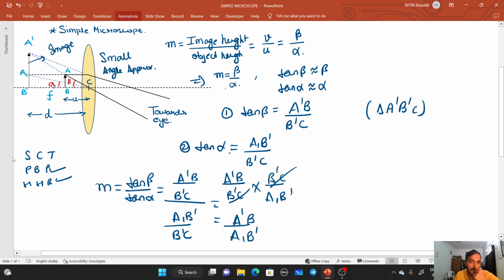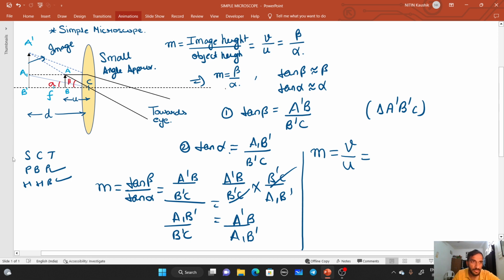Now what else we can do here is, magnification can also be written as m is equal to image distance upon object distance, which is v upon u. Now here v is the distance at which the image is formed.